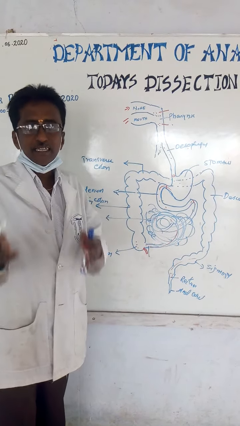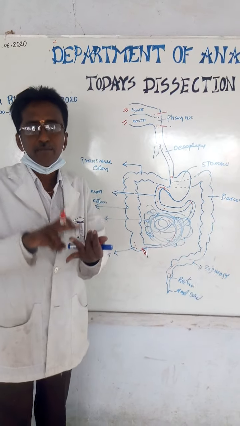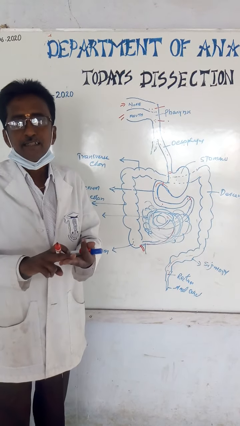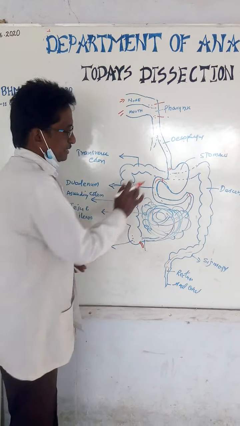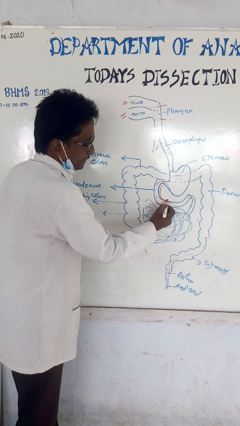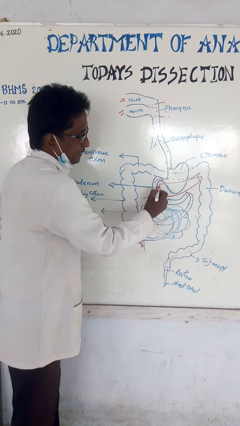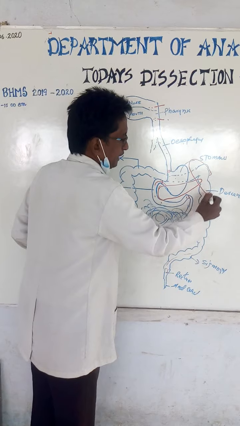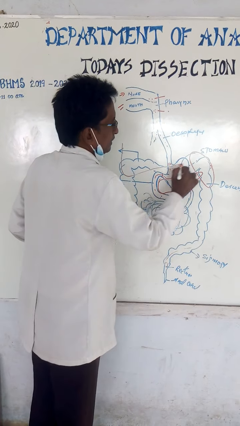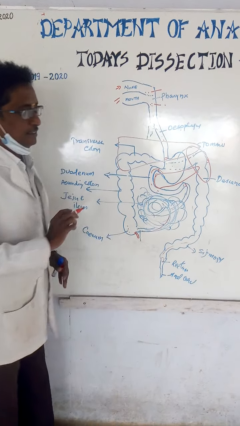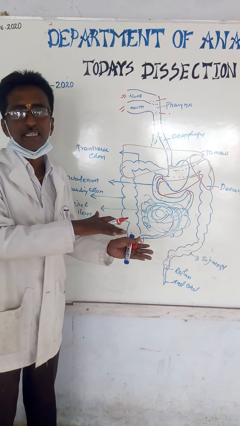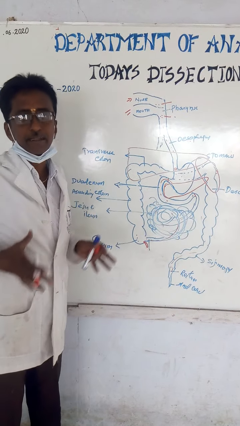So what happened to the pancreas, what happened to the liver, what happened to the spleen? These are accessory organs. Side by side present. Here is what? Pancreas. Here is spleen. Here is liver. These are the accessory organs present in the abdominal cavity.